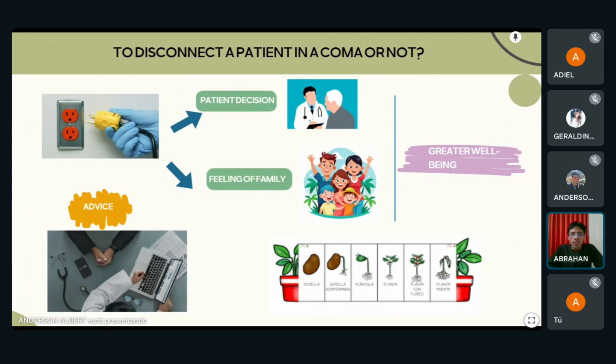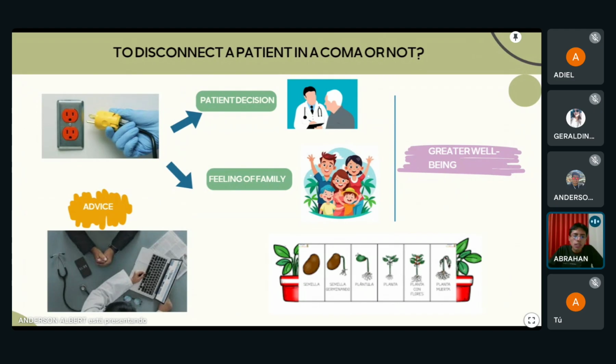The ethical dilemma: to disconnect a patient in a coma or not. From a personal perspective, facing the dilemma of whether or not to disconnect a comatose loved one is one of the most heartbreaking and intimate decisions a family can face.